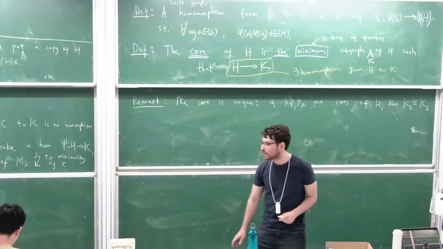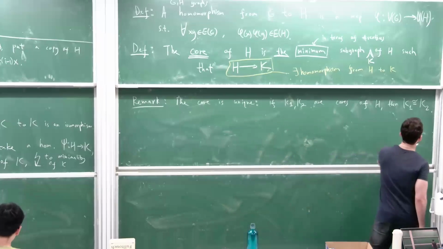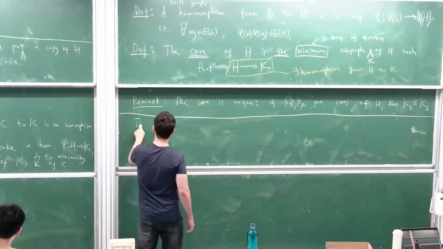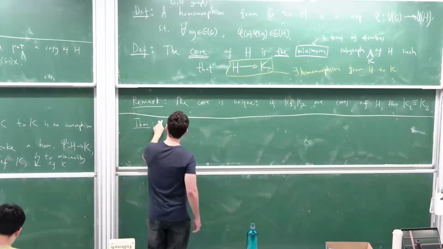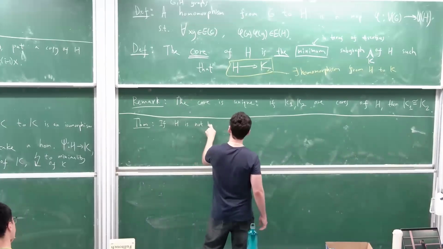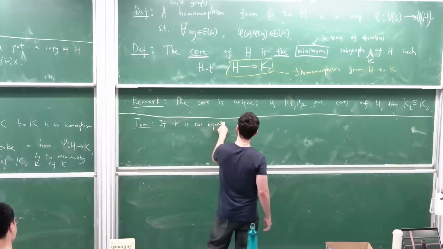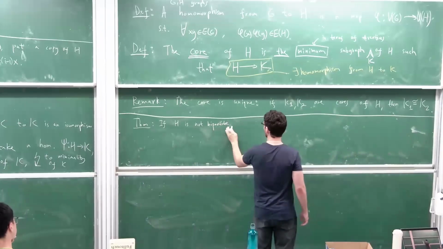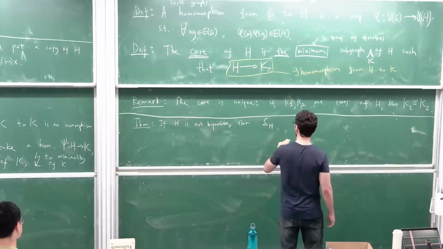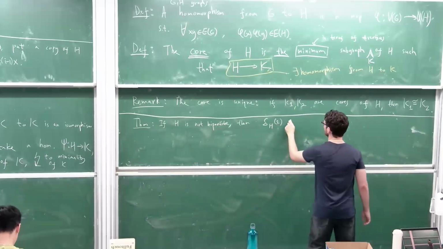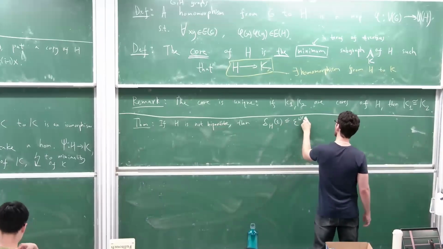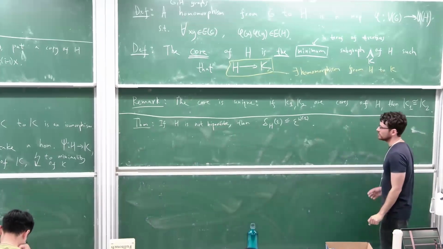Okay. So now we can finally prove the theorem of Alon. Let me say it one more time. If H is not bipartite, then the bound for H in the removal lemma is polynomial, so it's smaller than anything.